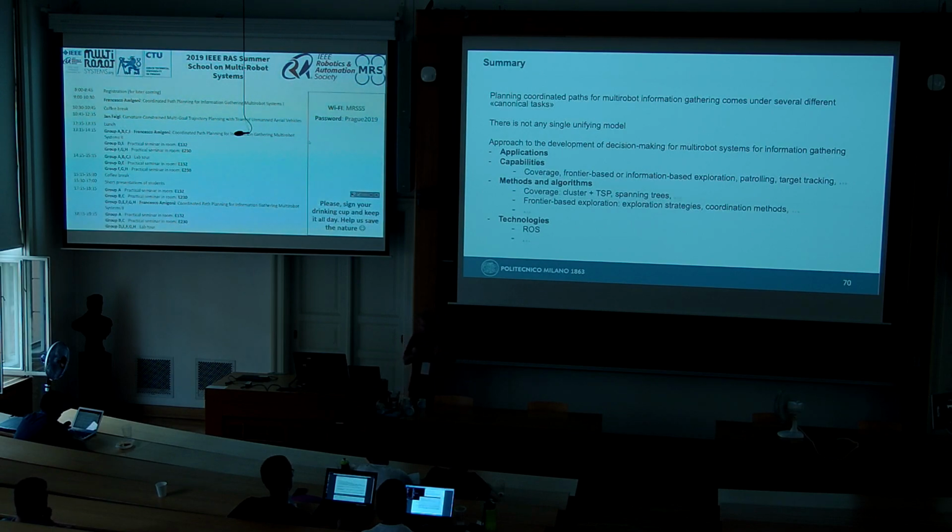So we have really several tasks that are coverage, exploration, patrolling, and of course there are also other tasks, okay? But they are different in their nature, in their basic assumptions, okay? So they are different tasks.